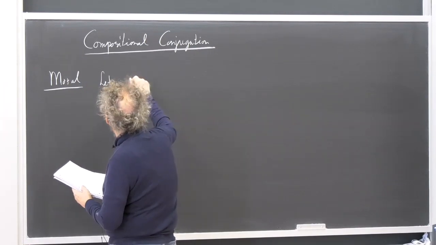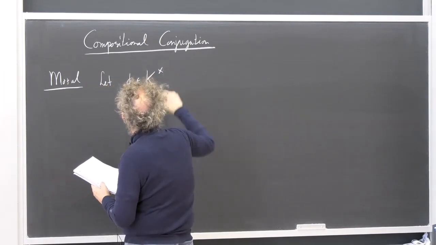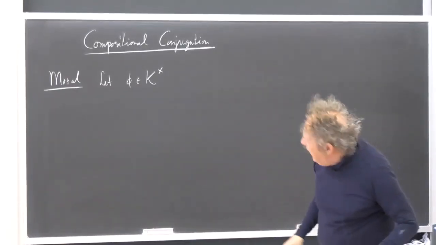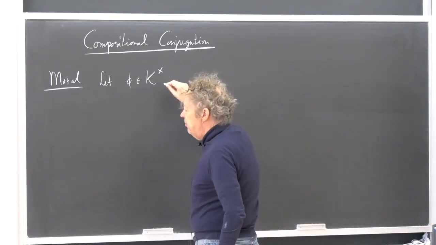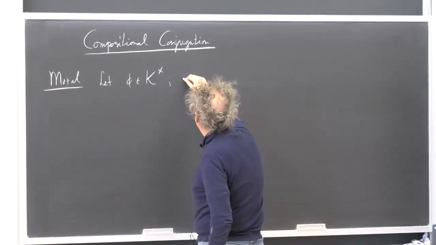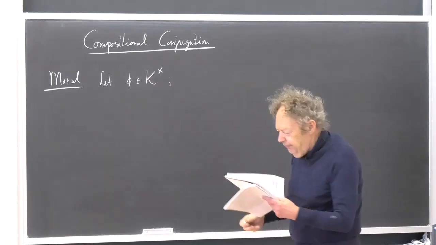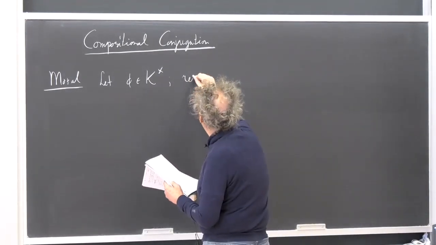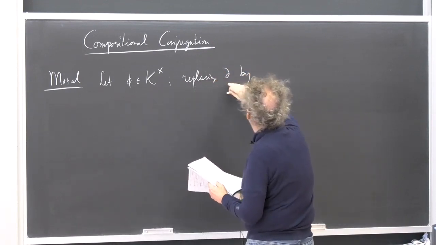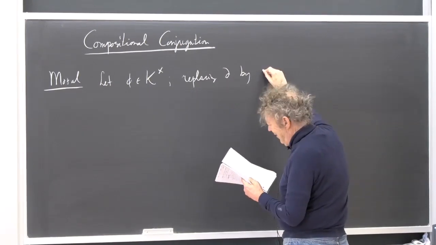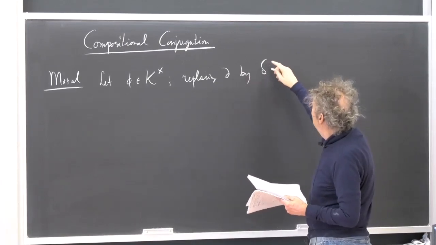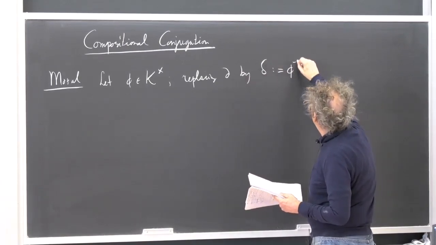Let phi be a unit now, I mean, a non-zero element of K. What we want to do is replace the derivation delta by, how shall I say that, funny delta. I'll just pronounce it as funny delta.